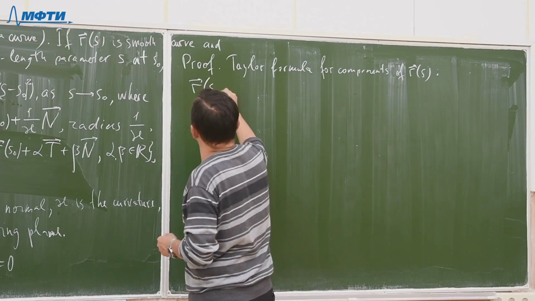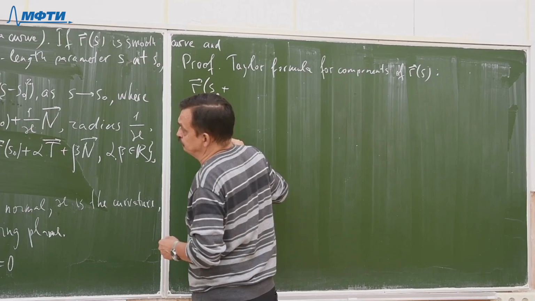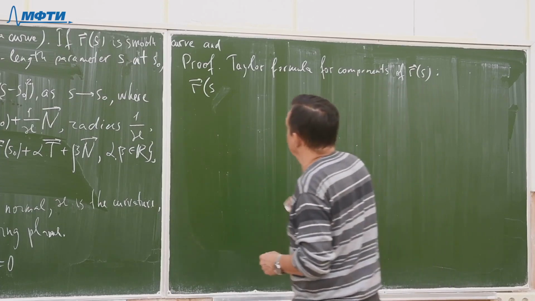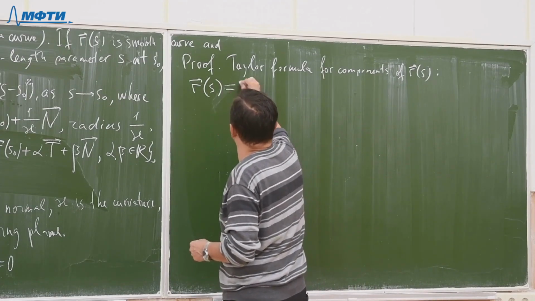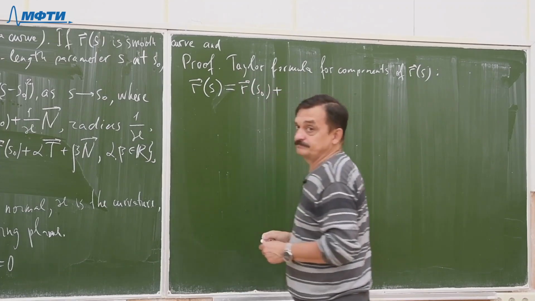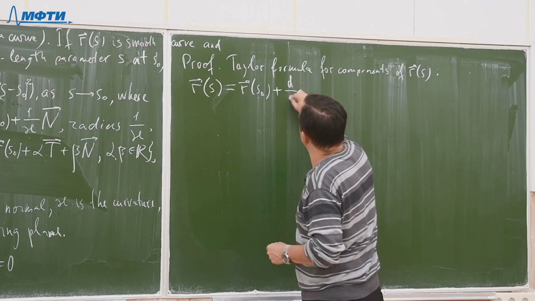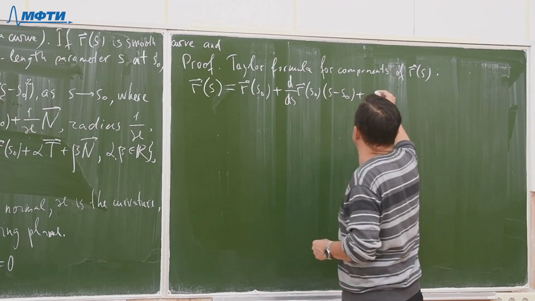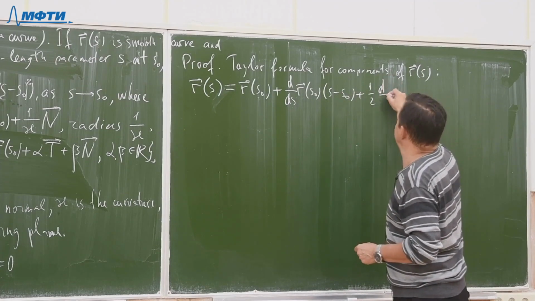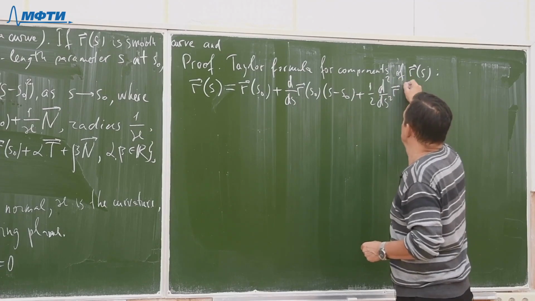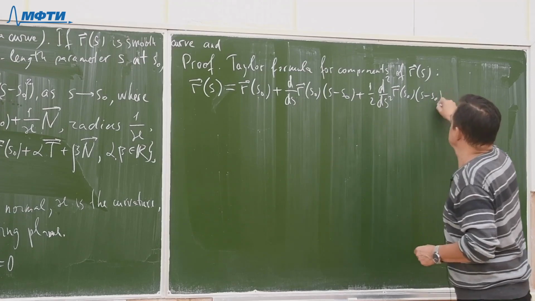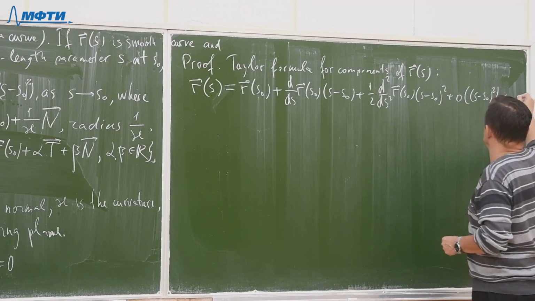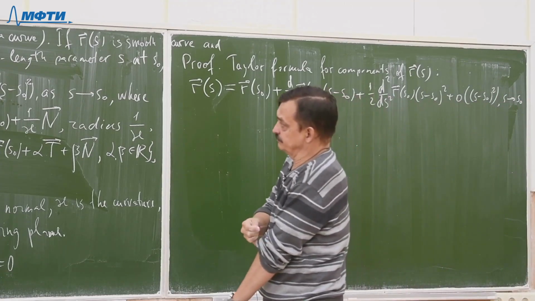So R of S naught plus, or maybe instead of S naught plus delta S, I'll write just S. R of S equals R at S naught plus d over ds R at S naught times S minus S naught plus 1/2 d twice over ds twice R at S naught times S minus S naught squared plus little o of S minus S naught squared as S tends to S naught.